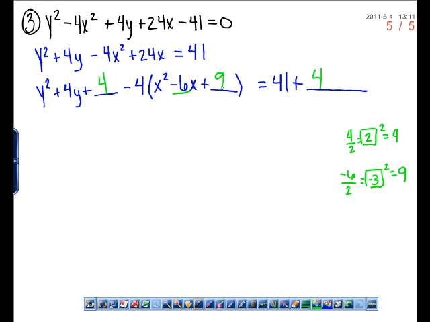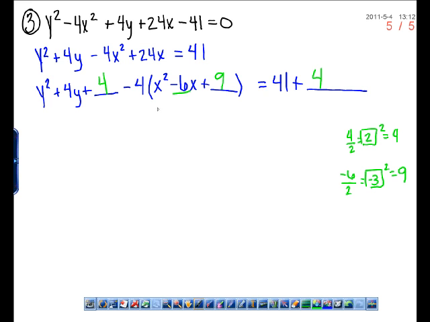Now, what have I really done to this side? Not 45. You multiply the 9 by negative 4. So really on this side, I have added a negative 36.